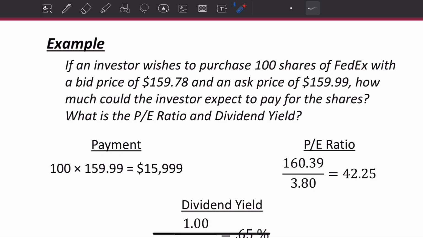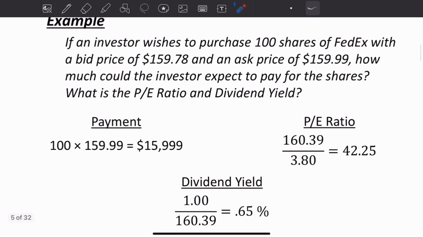So the 100 shares will be executed at $159.99. How much would the investor pay in that scenario? 100 shares multiplied by $159.99, that would be $15,999.